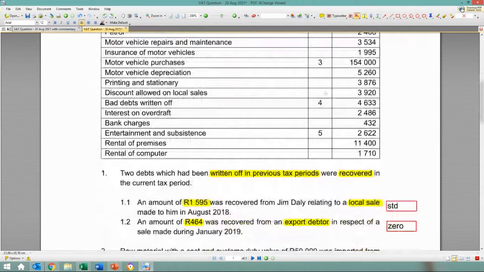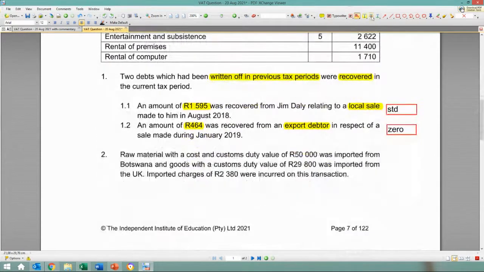So let's see what that additional information tells me. It says raw material at a cost and custom duty value of 50,000 was imported from Botswana, and goods with a custom value of 29,800 was imported from the UK, and the import charge was 2,380 Rand.